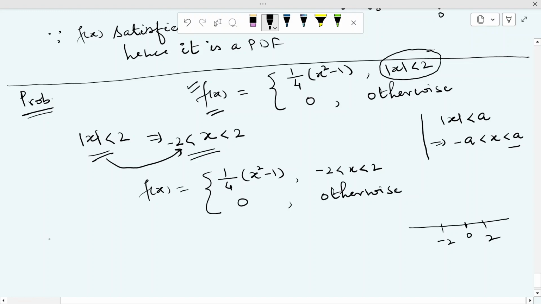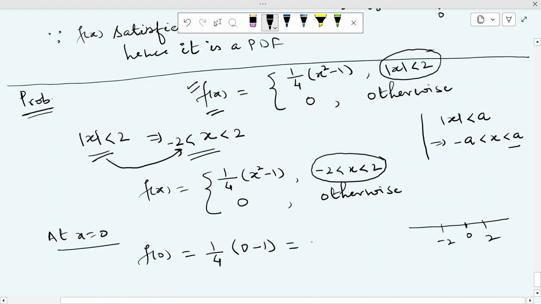If you put x equals 0, because x equals 0 lies in this interval, then f at 0 will be 1 by 4 times 0 minus 1, so this is coming out as minus 1 by 4, which is less than 0. This implies that this is not a PDF.